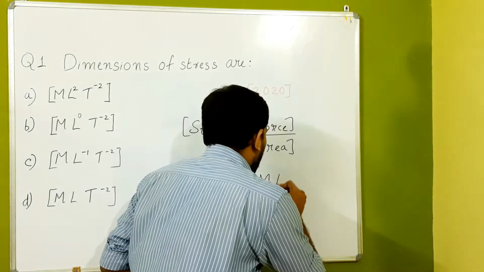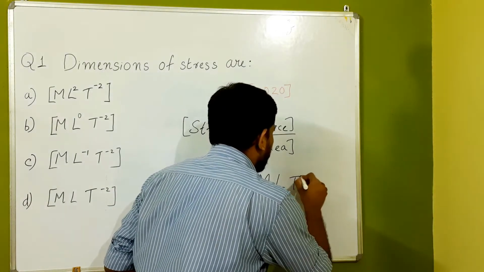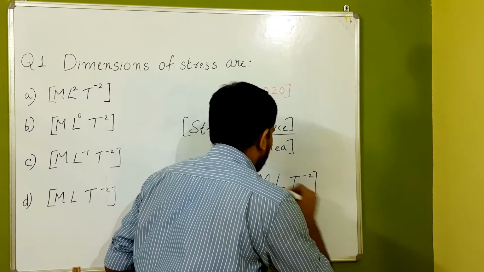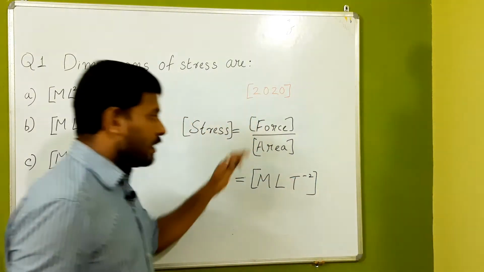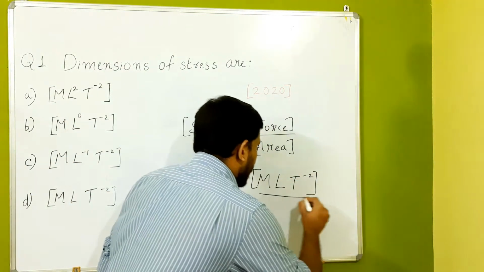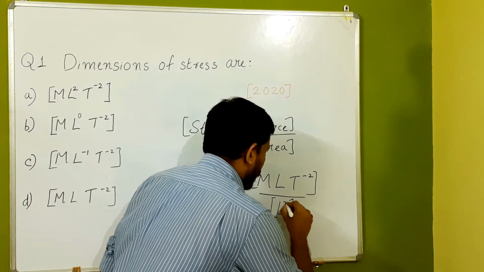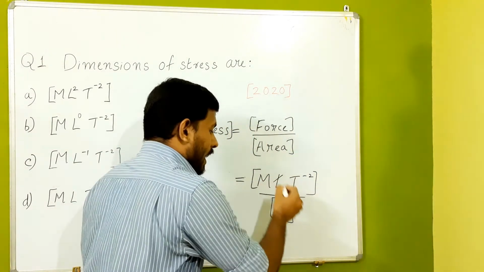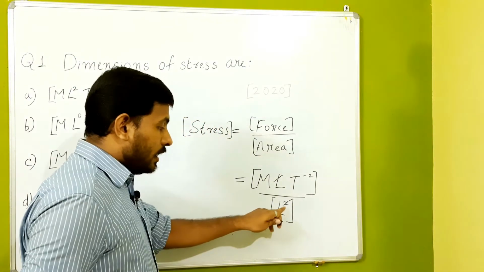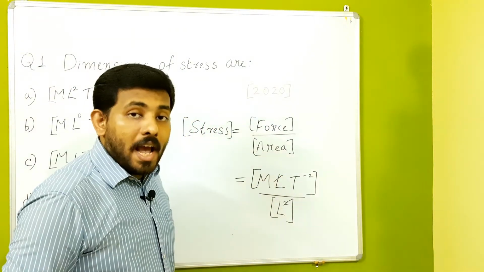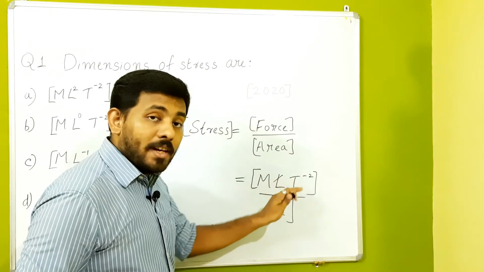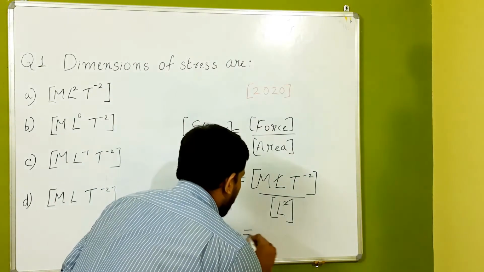So therefore we have L and t raised to minus 2. This is the dimension of force, and area is length times length, so we have L square. This L and this L square cancel out, this L moves upward, and we will get m L raised to minus 1 t raised to minus 2.